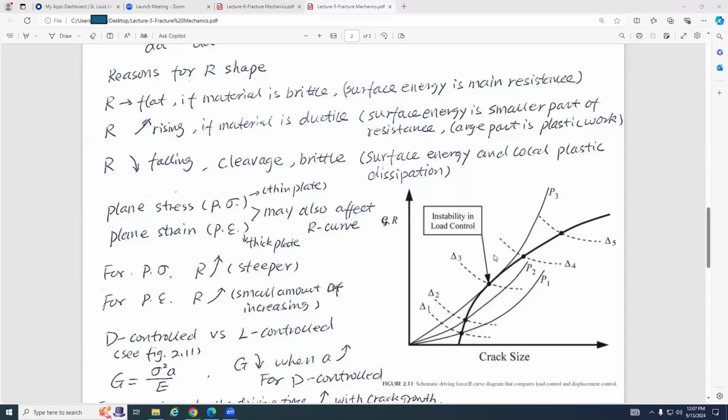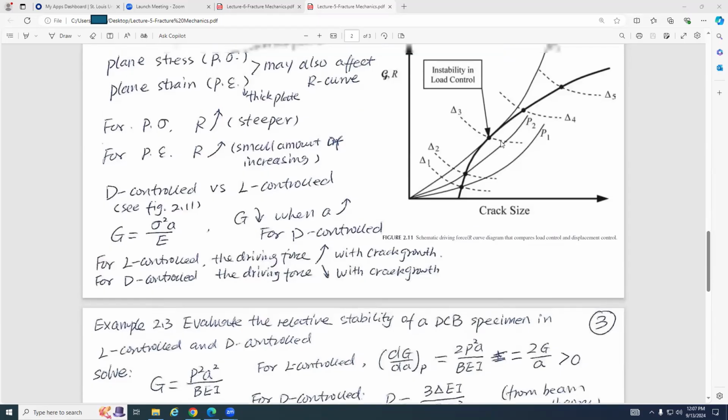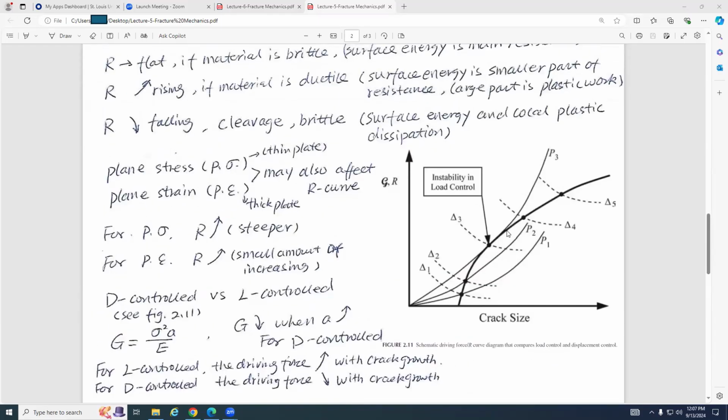So at this point, guys, when G equals R, it is going this way. So this is instability. So for the load control and for the displacement control, we have these kinds of figures.